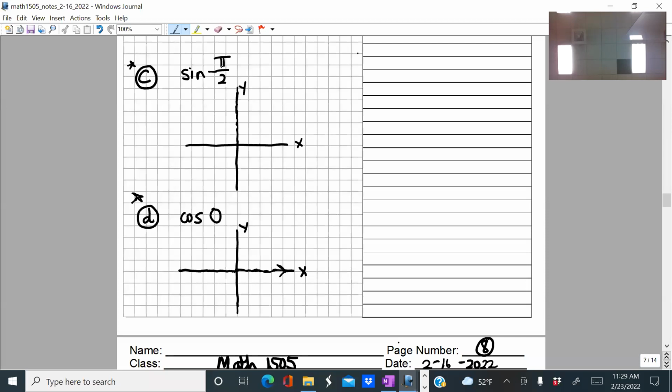Now we get to 0 also. It's very similar. Is that what's in the table?